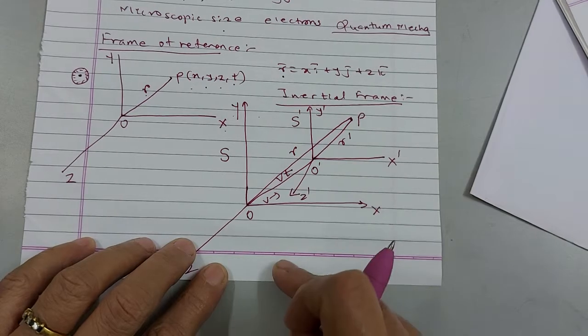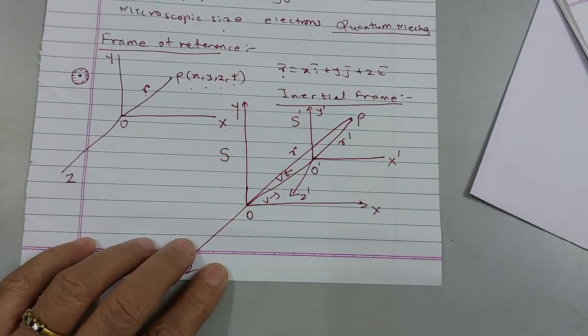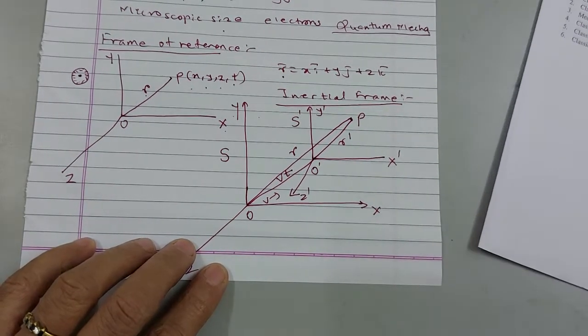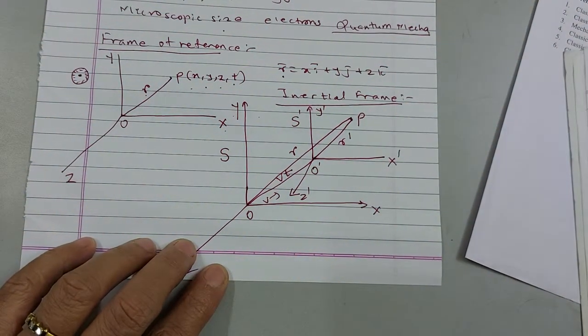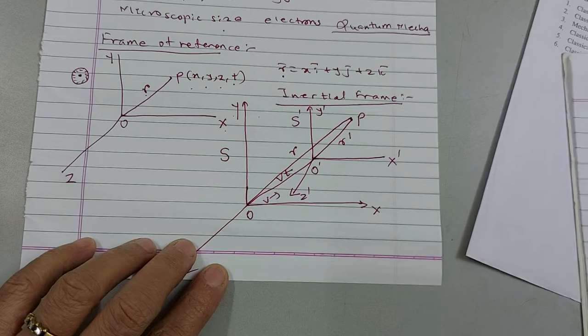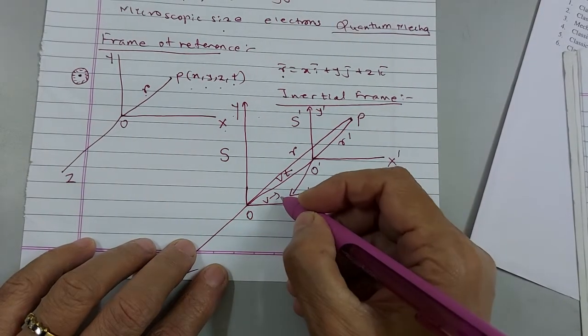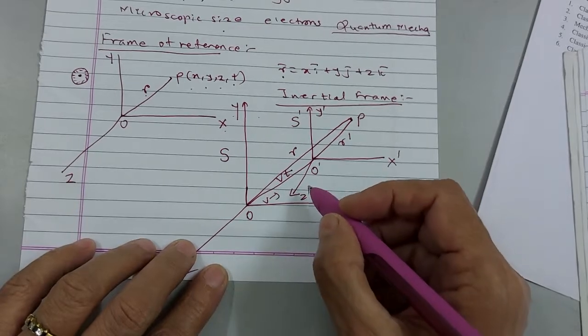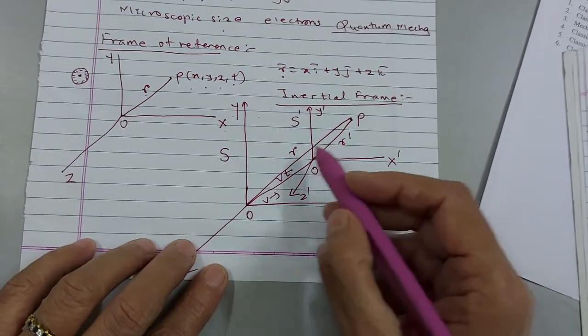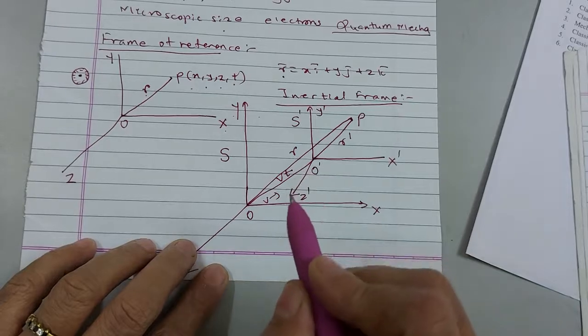If a particle subject to no external force is found to move in a straight line with constant velocity, then the coordinate system used for this purpose is called an inertial frame.